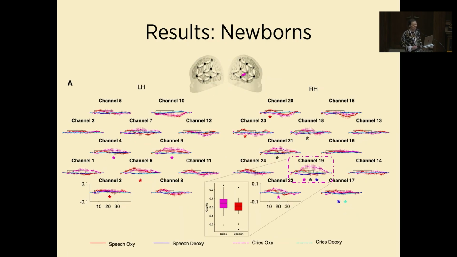The nicer result was the infant result. So newborn infants actually respond more to cries, right? So you see that here in the right temporal areas, we find a much greater response. You see the oxy response being much higher to cries than to speech. And you see the amplitude again, just to go back to the previous point, the amplitude of the responses is much greater because indeed their thinner tissues allow us to get a better signal.